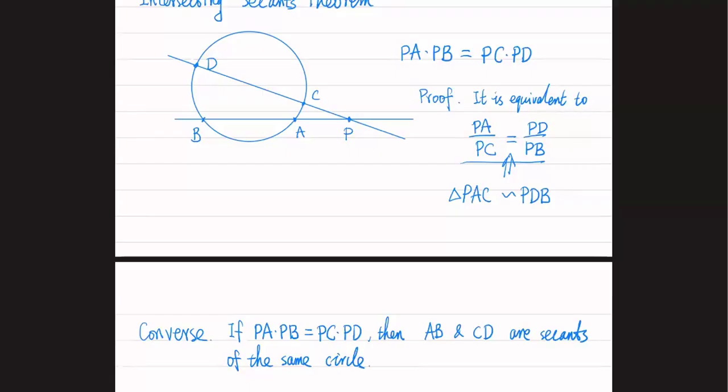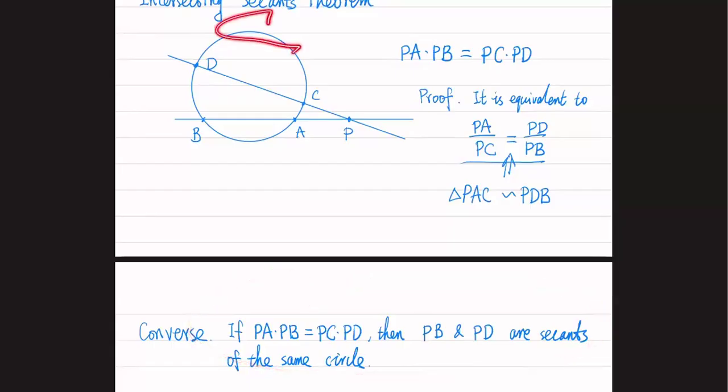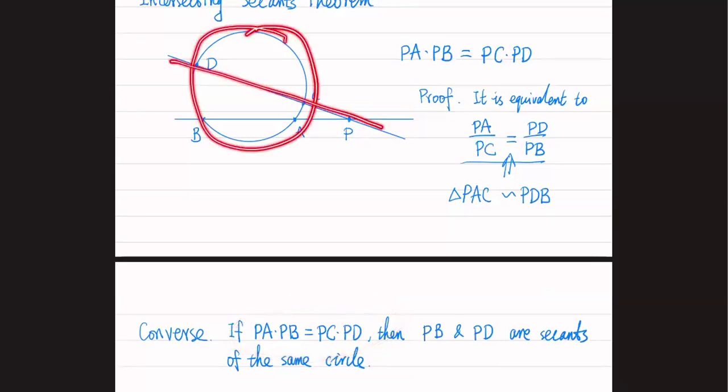Maybe I should say PB and PD is better. Okay, still for this one, initially we don't have the circle. We only have two lines, 4 points. If we have the product, then there's a circle. That is, the secants of the same circle.